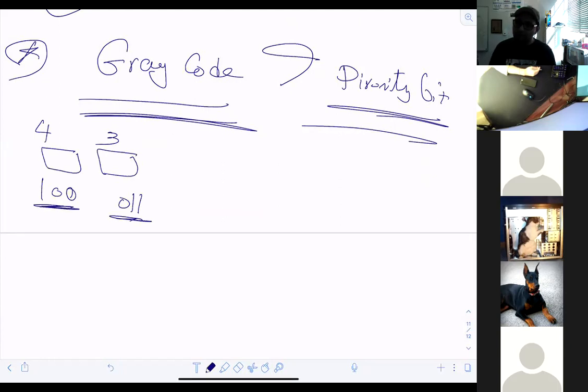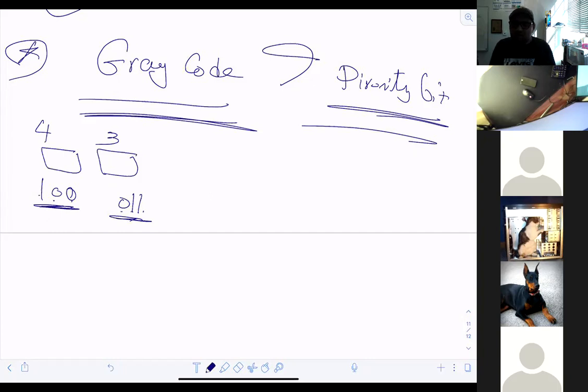Do you agree? Because 0 turned to 1, 0 turned to 1, 1 turned to 0. Each one is switched, right? That will increase the chances for something called what? Error or damage in the data packets. Gray said no. Neighbors should have 1 change. That means I'm going to change 1 switch per neighbor.